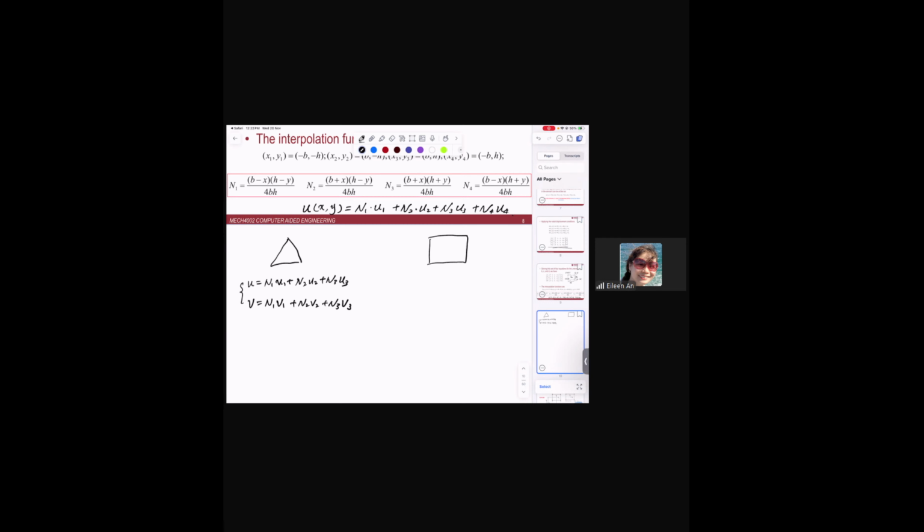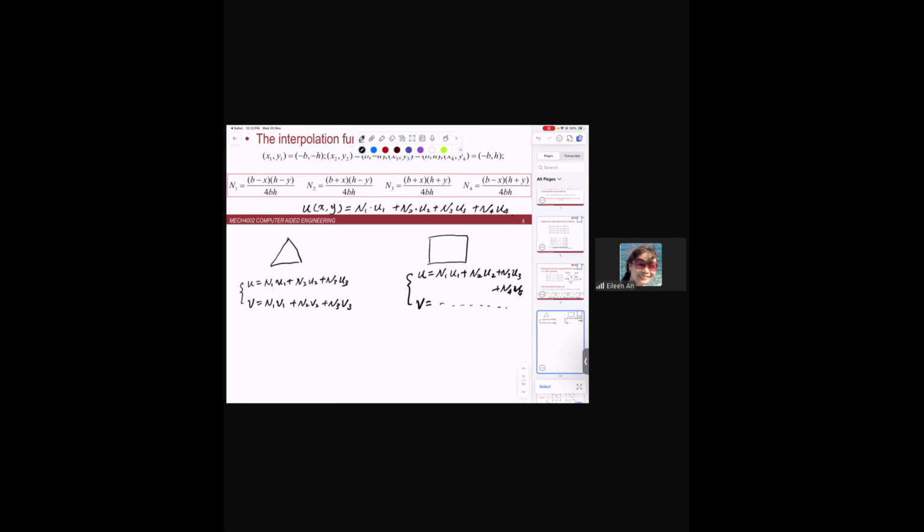Now, we move on to the rectangular element. We get very similar equations. To calculate the displacement in x direction, we need to use N1 u1 plus N2 u2 plus N3 u3 plus N4 u4. To calculate the vertical displacement, we need to use a similar one, N1 v1 plus N2 v2, like this.